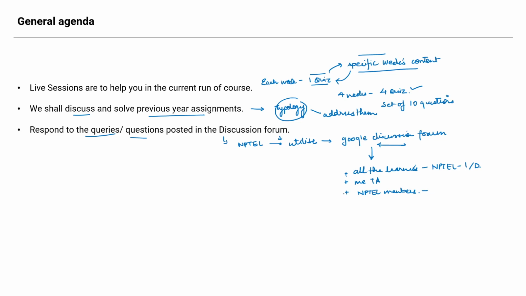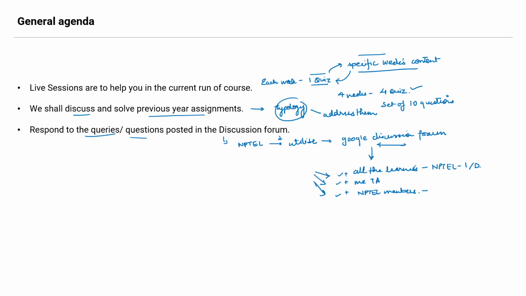So all three stakeholders are present in the group. If you ask a question in that group, all these stakeholders get notified. The benefit is that if you are having an issue and post it, and there is one more person having a similar issue, it gets resolved by itself.